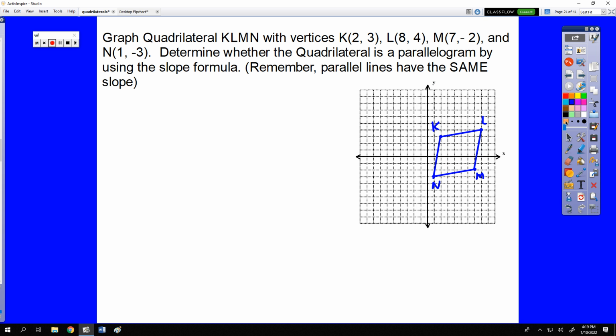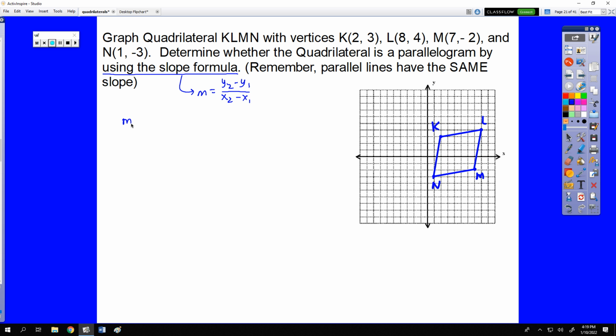So when we use the slope formula, first of all, the slope formula is y2 minus y1 over x2 minus x1, or rise over run. So we can figure out the slope of each of our 4 sides, and we can show they're parallel by stating that they have the same slope.